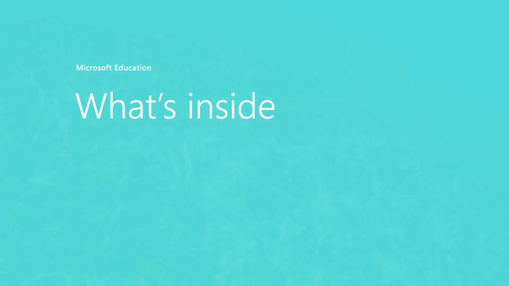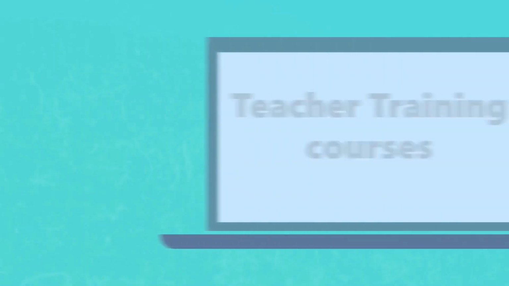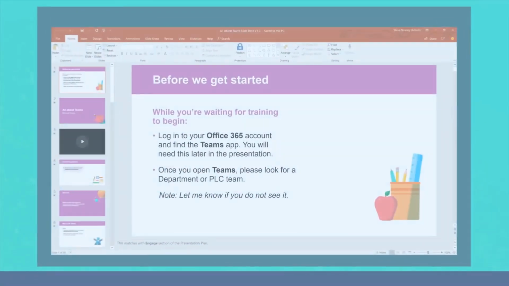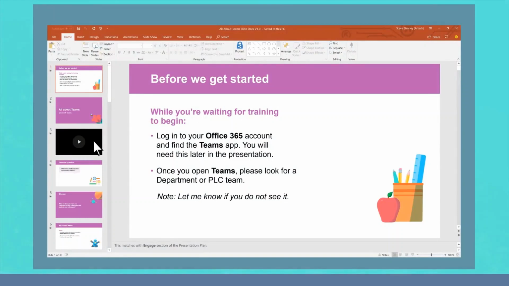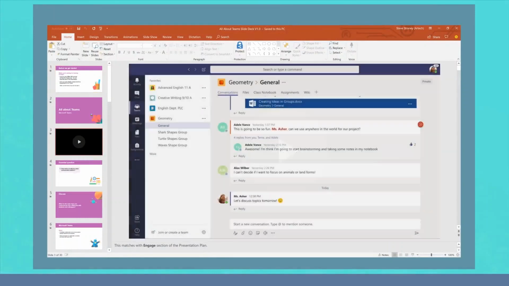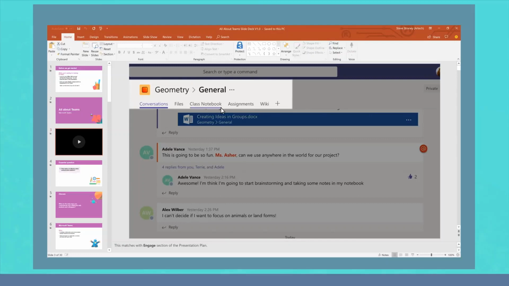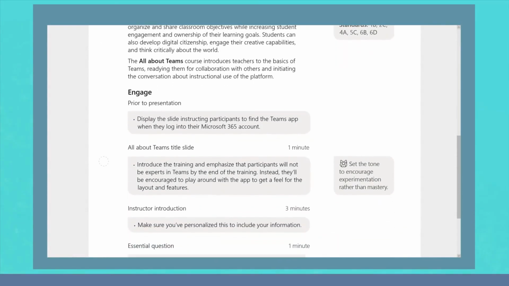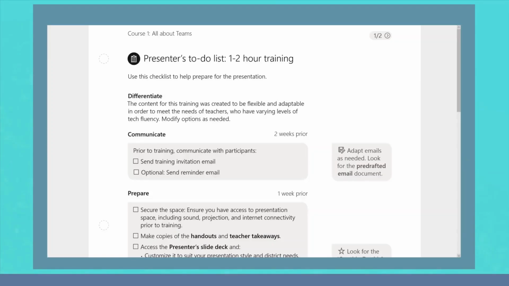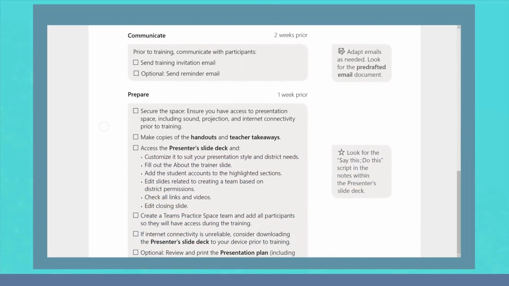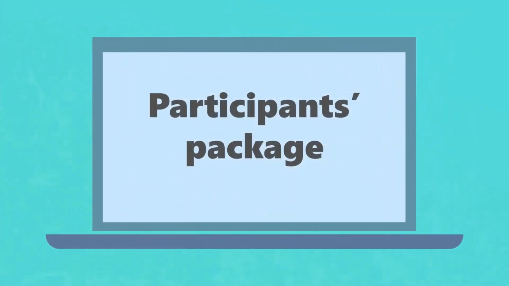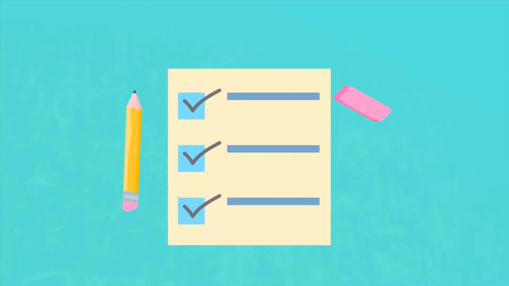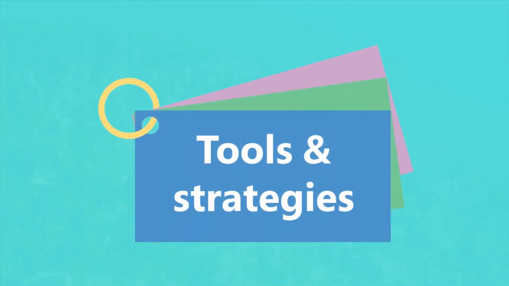So, what's inside? Each teacher training course includes a presenter's package with an adaptable slide deck, including instructional videos, a plan to guide you as you go, and emails and checklists to take care of all the details. The participants package includes handouts to help teachers keep track of their learning, plan ahead, and implement tools and classroom strategies the very next day.